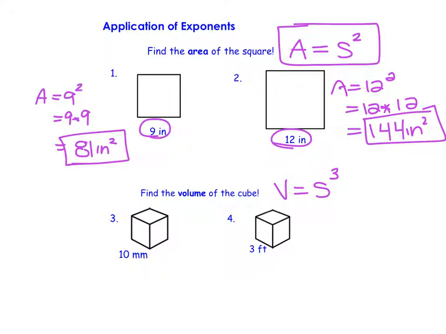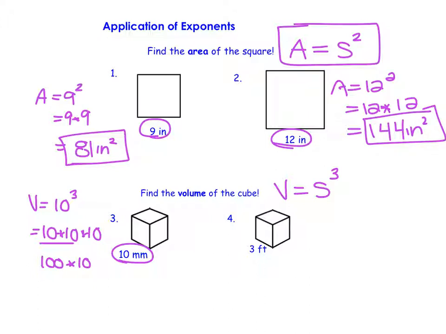Now if I look down at volume, volume is the side length cubed. So here we have a cube with a side length of 10, so my volume would be 10 cubed, which I know is 10 times 10 times 10. And then if I evaluate from left to right, 10 times 10 is 100.